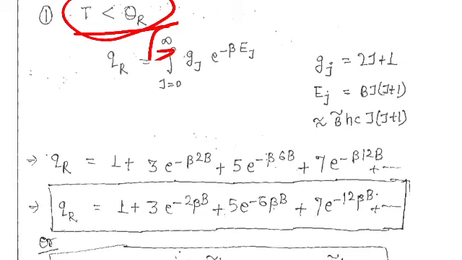So it becomes 1 plus g0 into e to the power minus beta E0, plus g1 e to the power minus beta E1, and so on. For E0 and E1 we just put j equals 0, j equals 1, and we get E0, E1.